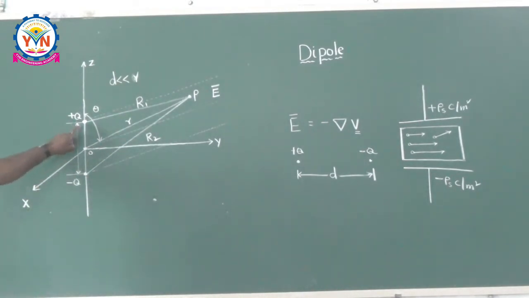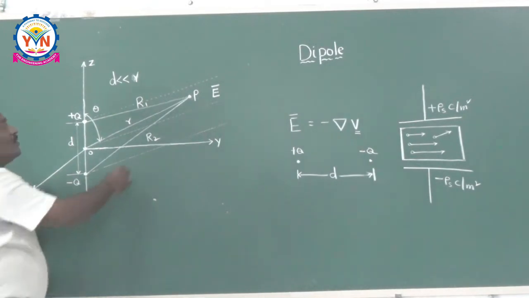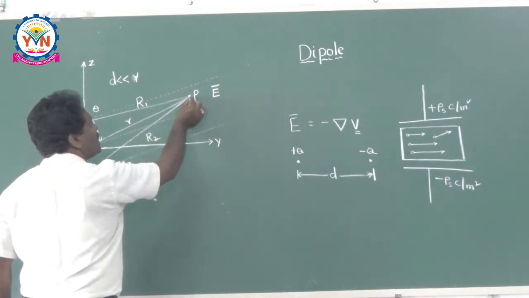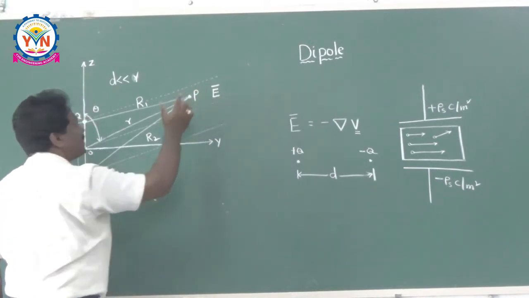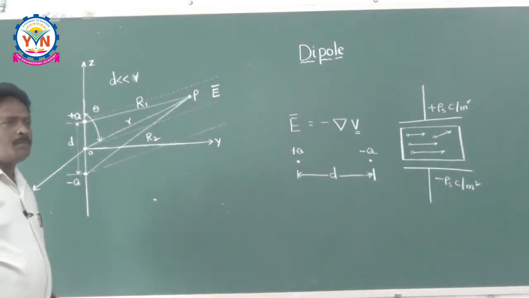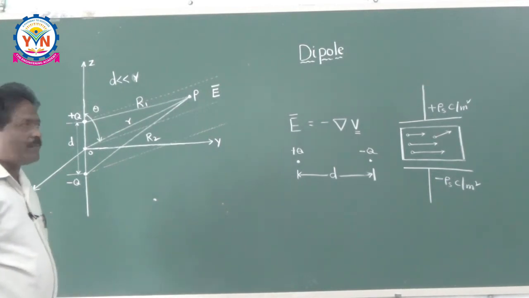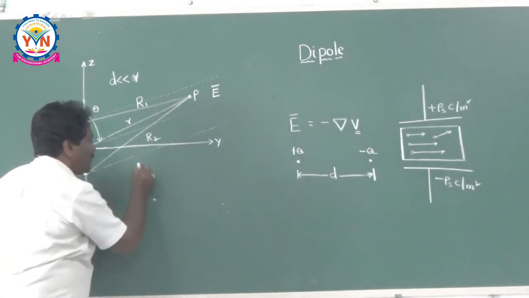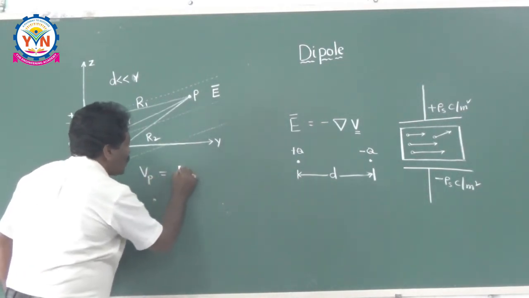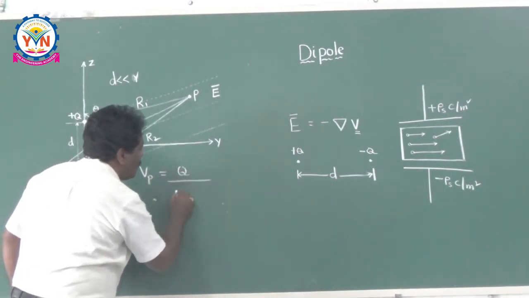Now, it is very simple friends. If you know the potential at this point, you can develop the expression for the electric field intensity. And already I told you in the last class, the potential of a point charge is given by Vp equal to q divided by 4 pi epsilon naught into r1.